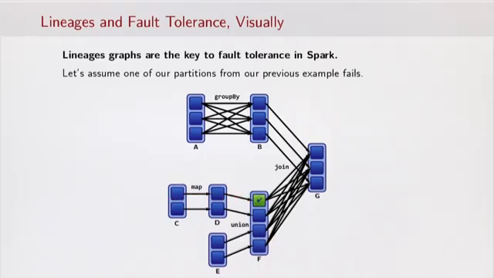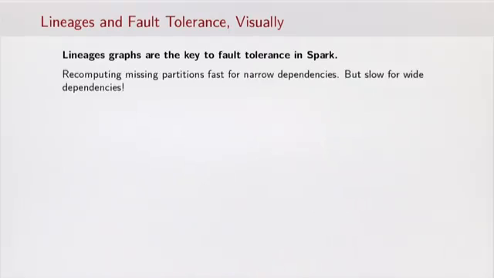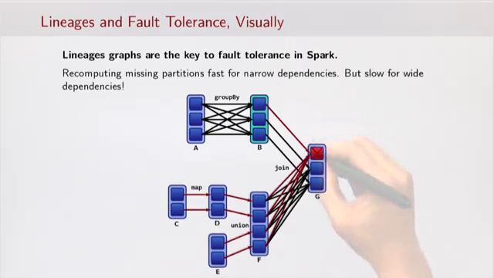And voila. Now note, recomputing missing partitions is fast for narrow dependencies, but it's slow for wide dependencies. Let's look again at our visualization to see why that's the case. If we lost this partition instead, we have to trace our dependencies backward.